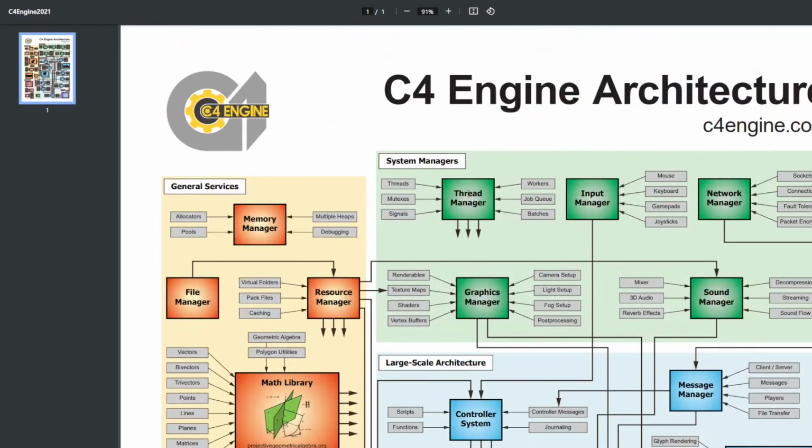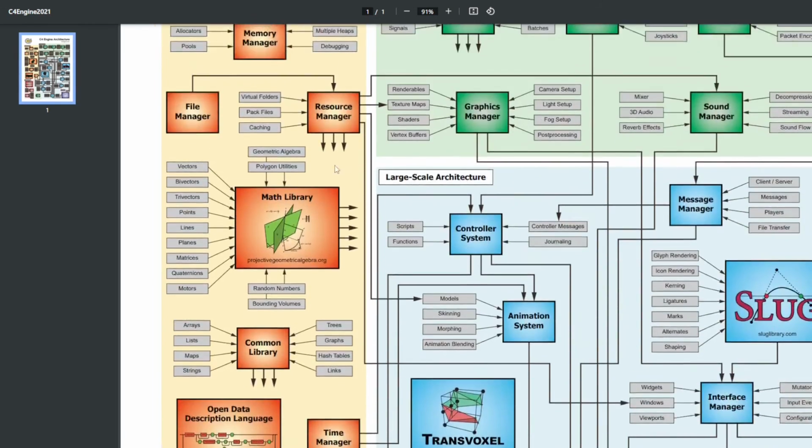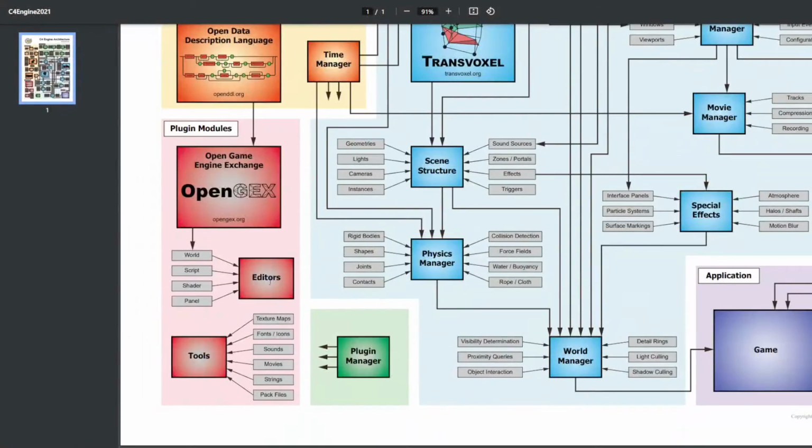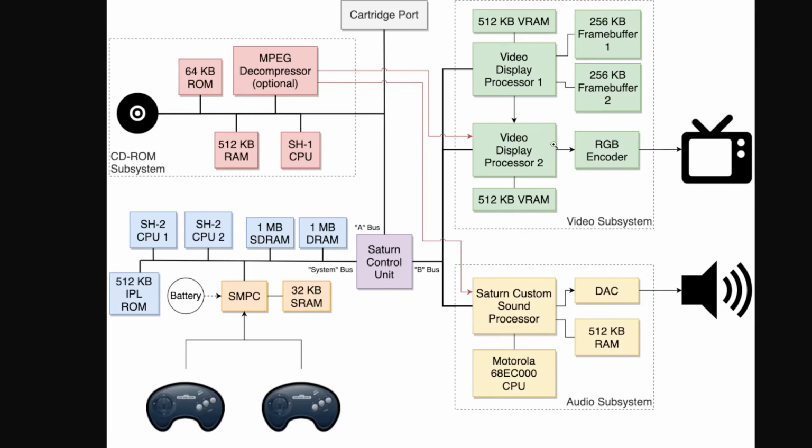They didn't make all this processing for networking and graphics and file managing and all this junk. They didn't make a map creator like Hammer editor for Source, so they had to create their own.